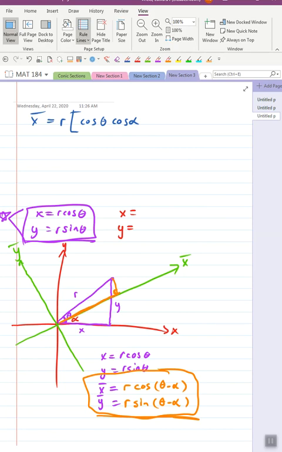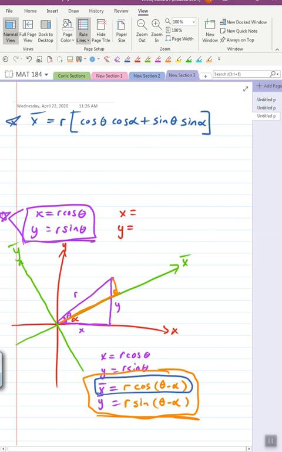Does anybody know what I'm doing there? How am I getting that? What am I using there to do that, I guess is what I'm trying to ask. How am I getting from that to this?